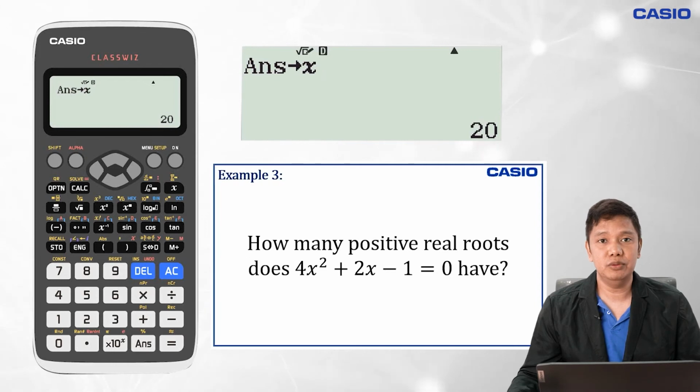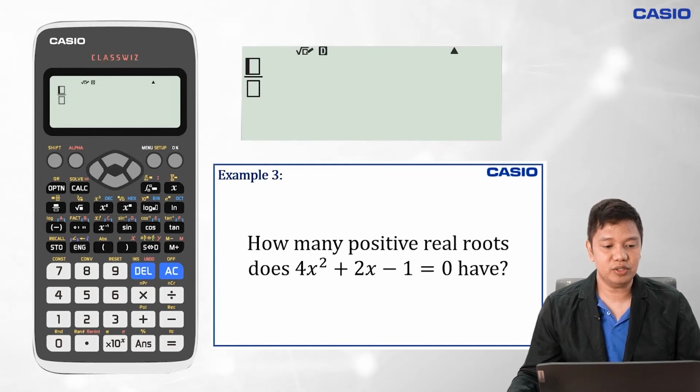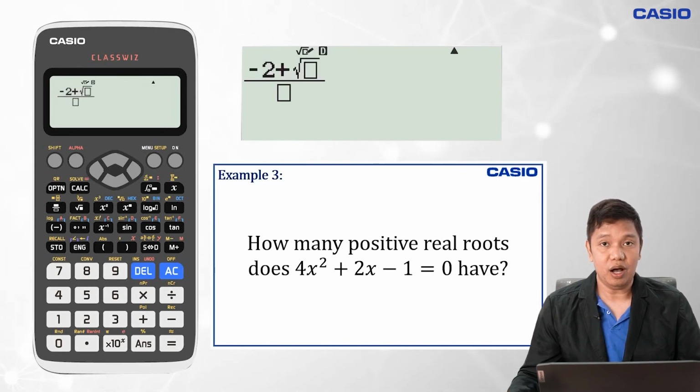But we have to determine and verify whether there are two positive roots by getting the exact values of the roots. Doing so, we have fraction bar and then negative of b, which is negative 2, plus the square root of the discriminant x all over 2 times the value of a, which is 4.